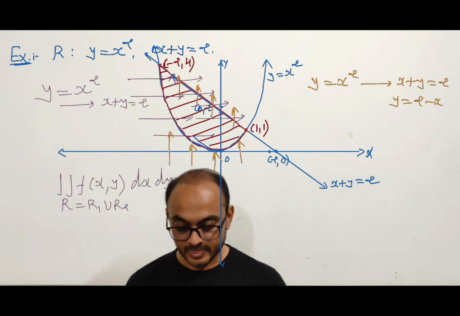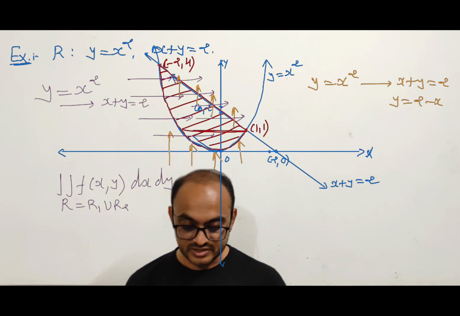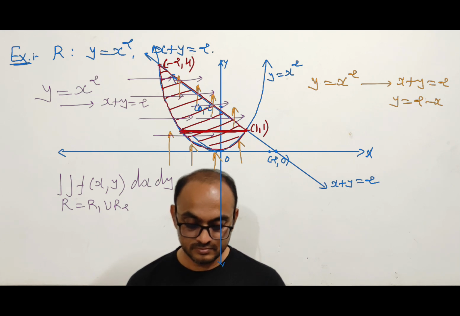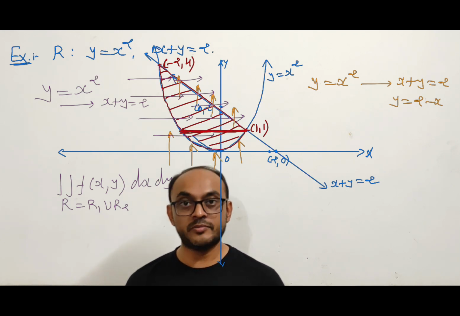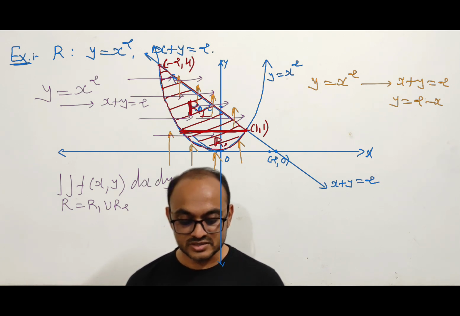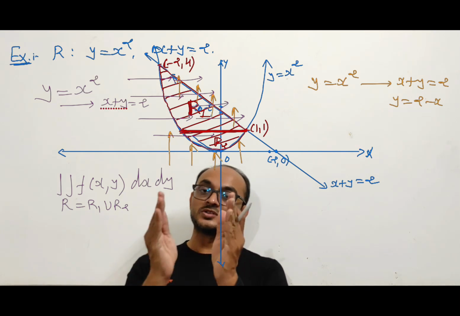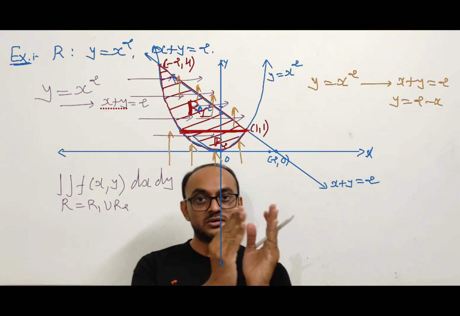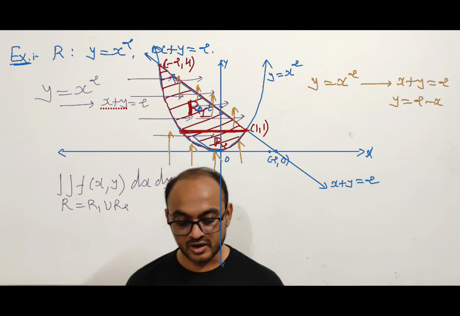From this intersection point, I am dividing my region into two parts. This is R1 and this is R2. So first we write the limits for R1 and then for R2. How do we write?